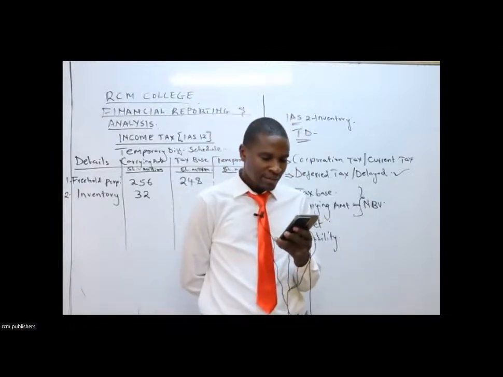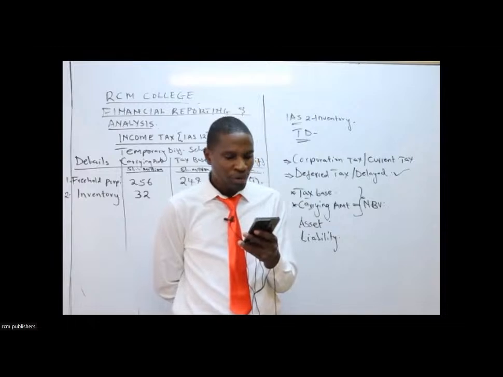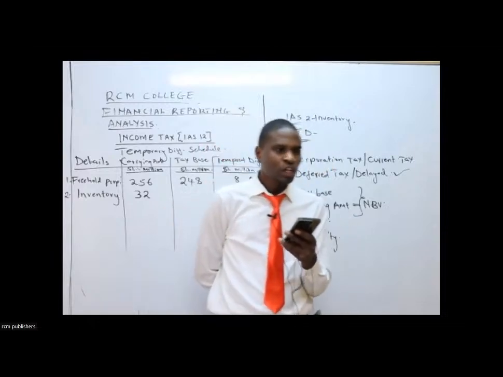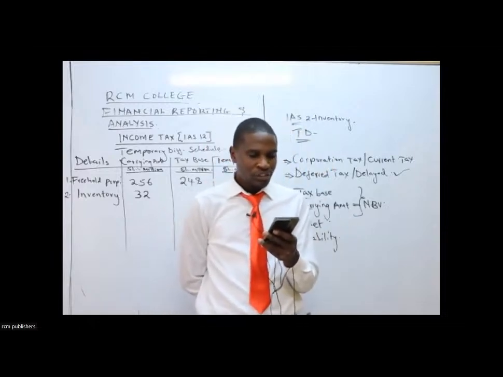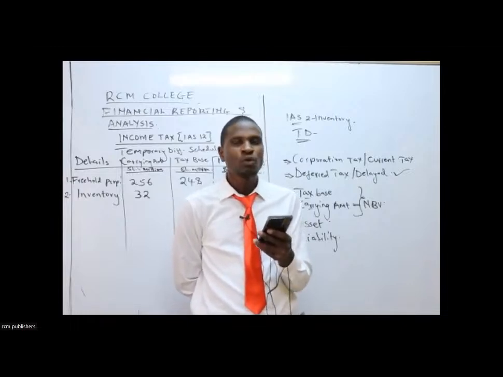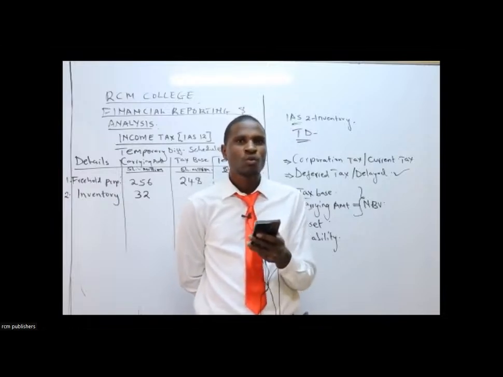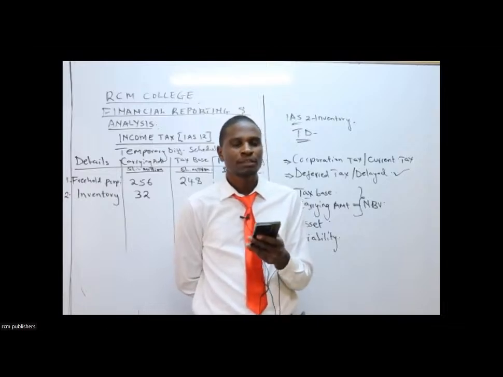I can see they're telling us that on the transaction, 40% of the goods were held in the inventory of Wingu Limited as at 31st March 2021. How do we arrive at our tax base?